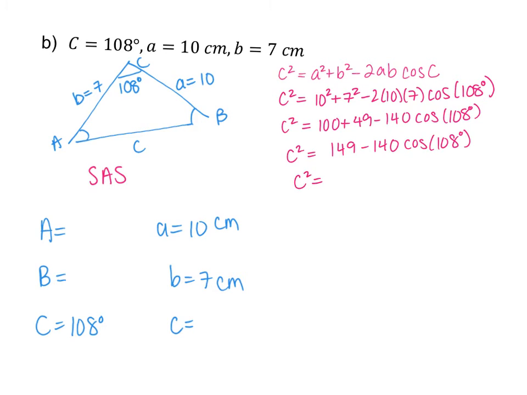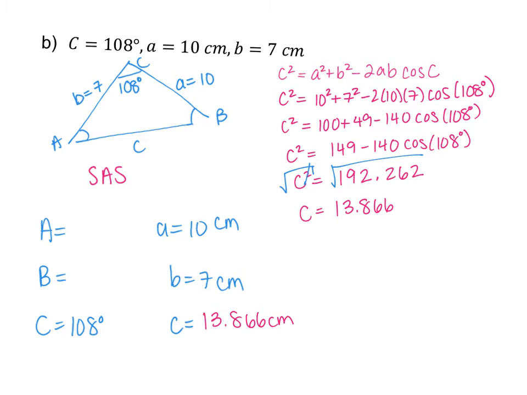If I round to 3 decimal places, I would get 192.262. Now I can take the square root of this number to get rid of the square. I have to take the square root of the other side too. So c is approximately 13.866 if I round to 3 decimal places.